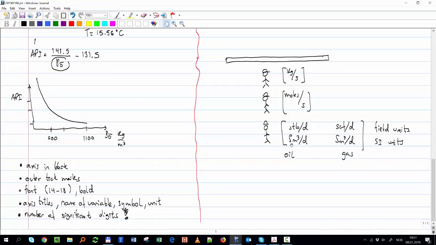So all of you know cubic meter. That's just a volume unit, per day. And a barrel is just a barrel of oil. How much is a barrel of oil? How many liters?